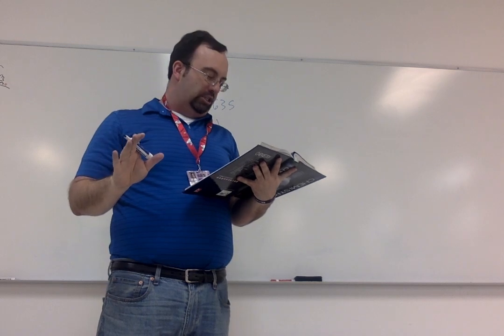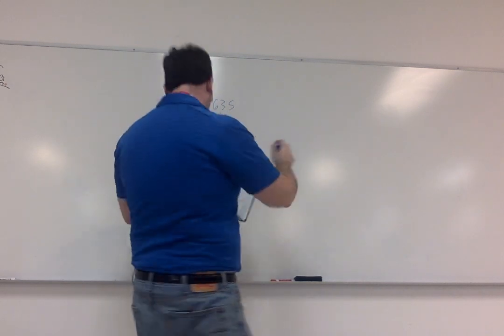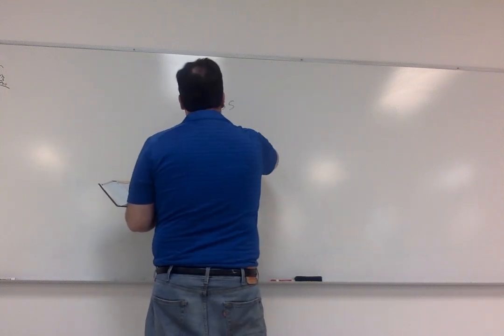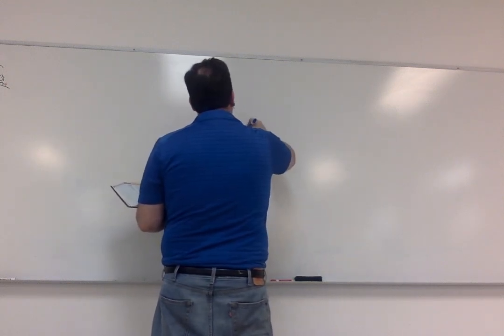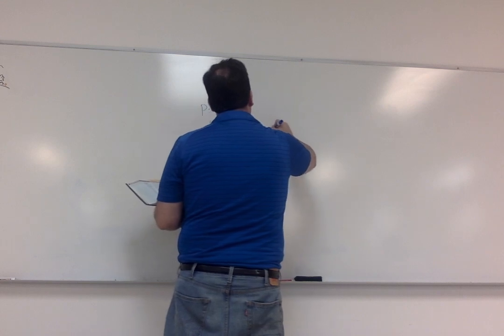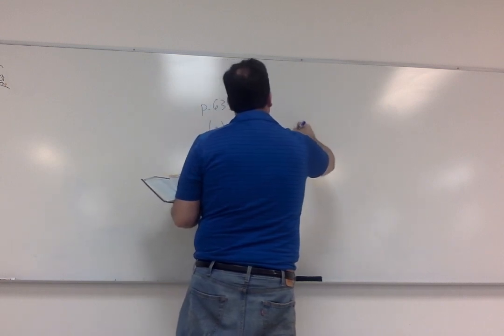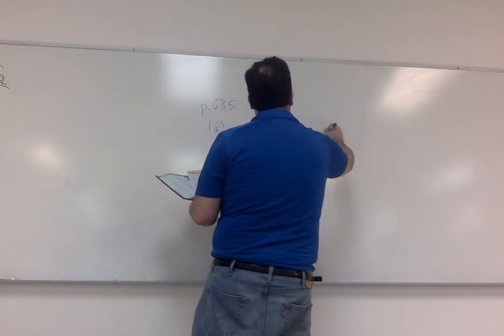Number one asks to write balanced equations for the reactions between the following. And so we're given aluminum and sulfuric acid.